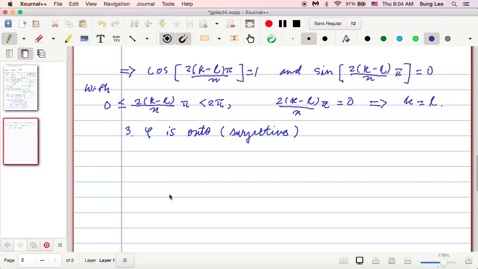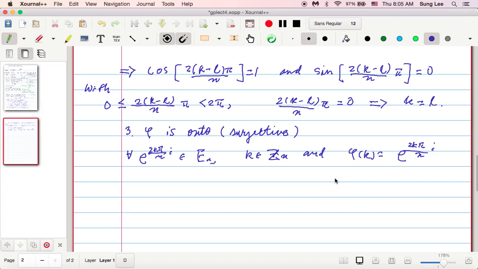Because for any member e to the 2k pi over n i in E sub n, this k runs only from 0 to n minus 1, so k belongs to Z sub n, and phi of k equals e to the 2k pi over n i.